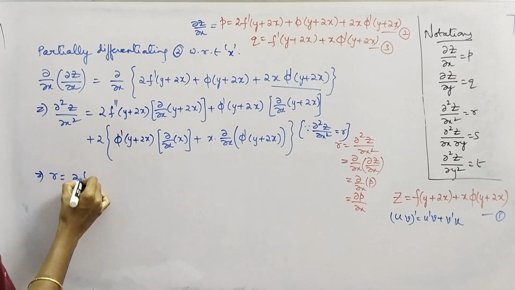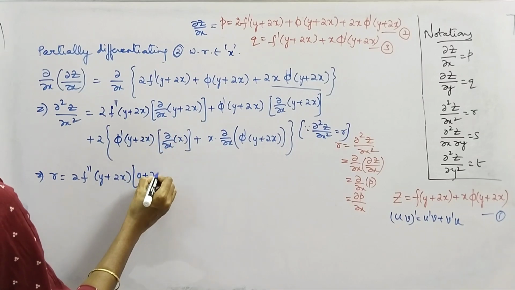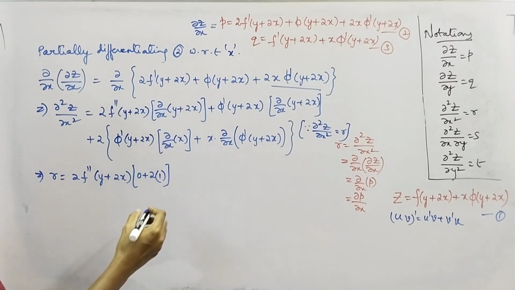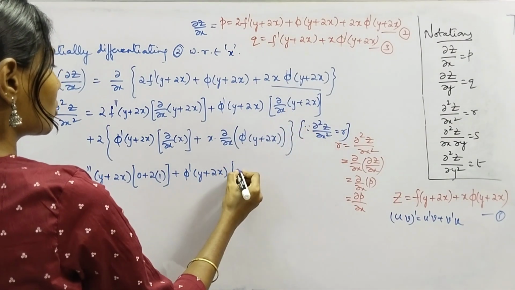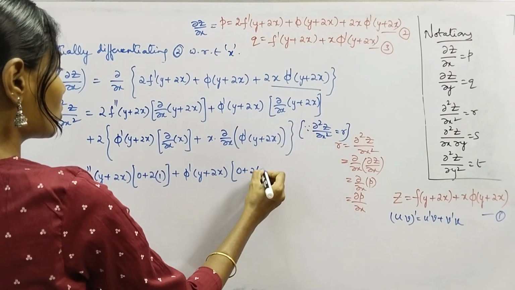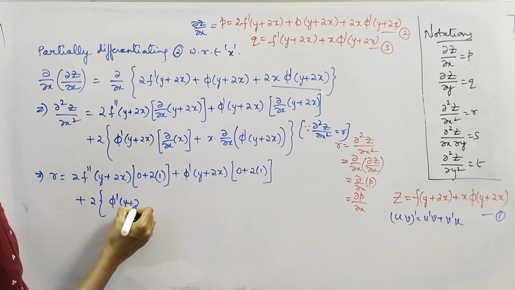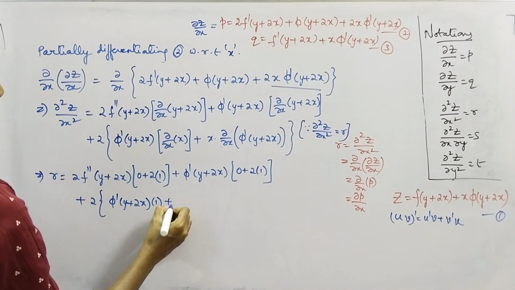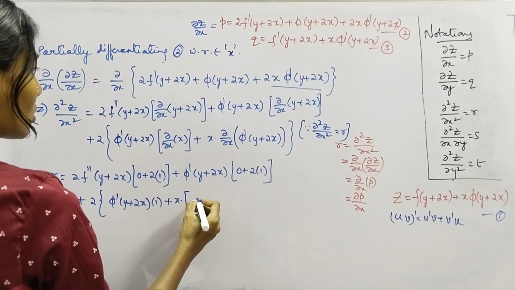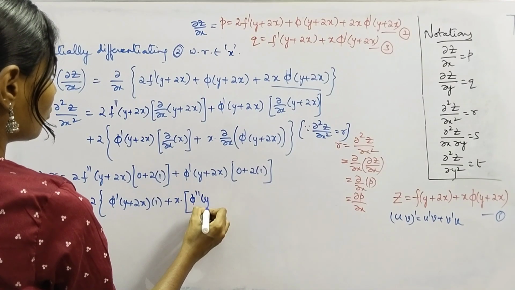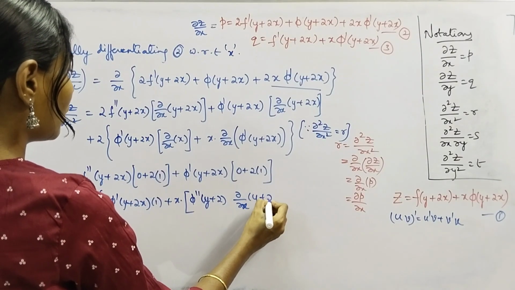You'll get r equal to 2 into f double dash of y plus 2x into partial derivative of y with respect to x is 0 plus 2 into partial derivative of x with respect to x is 1, plus phi dash of y plus 2x into partial derivative of y with respect to x is 0 plus 2 into partial derivative of x with respect to x is 1, plus 2 times phi dash of y plus 2x into partial derivative of x with respect to x is 1, plus x into partial derivative of phi dash of y plus 2x, which is phi double dash of y plus 2x into inner derivative, that is dou by dou x of y plus 2x.